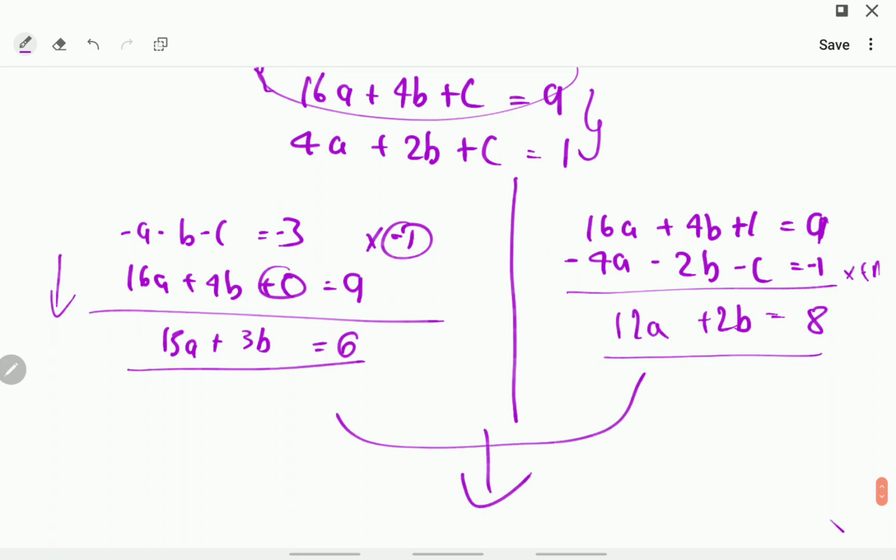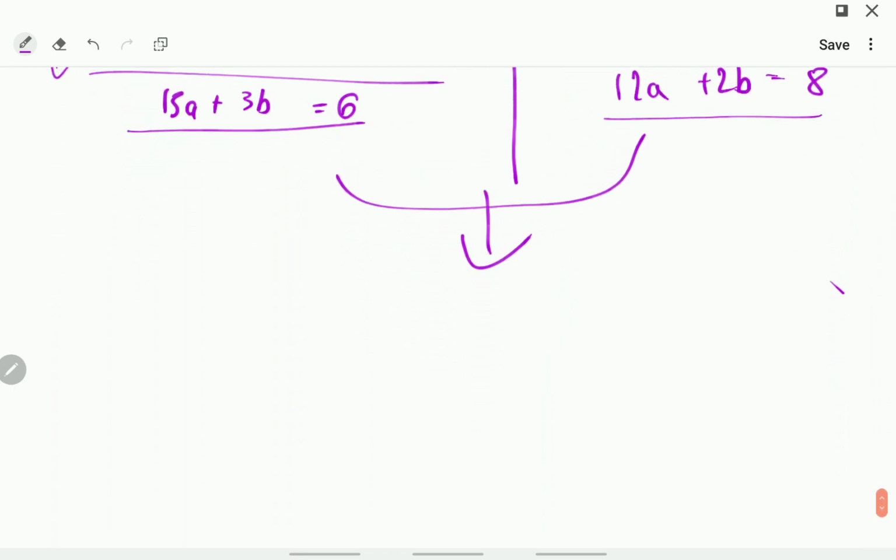Now, let's take both of these equations and solve them simultaneously. The two equations that we have are 15a plus 3b is equal to 6, and 12a plus 2b is equal to 8. These are our two equations.